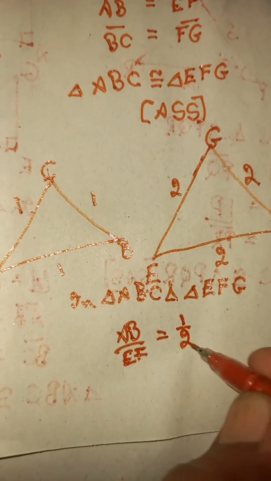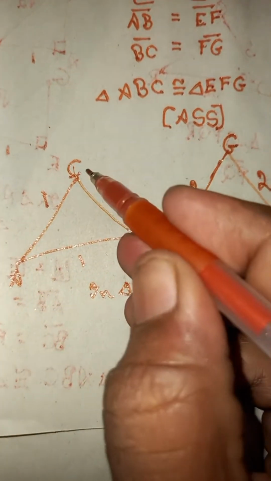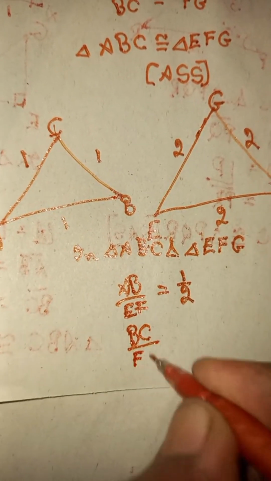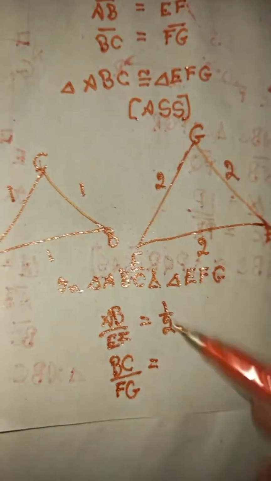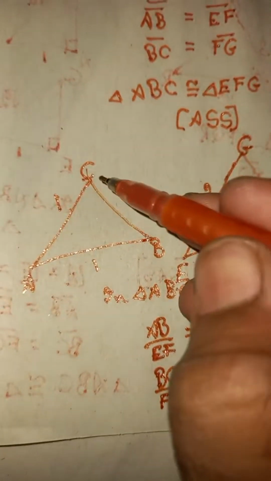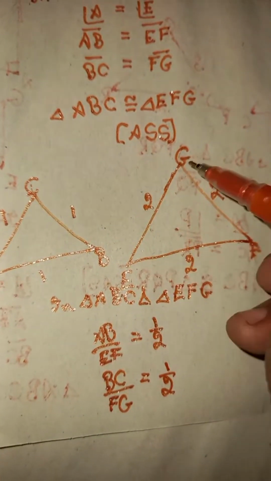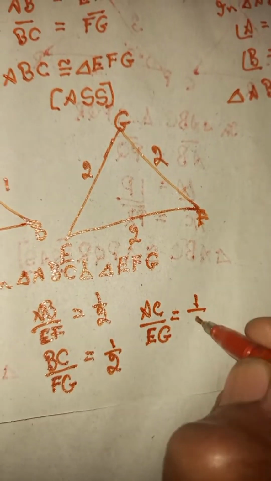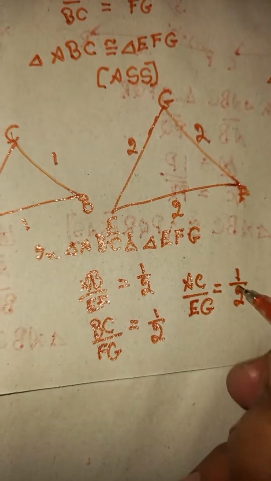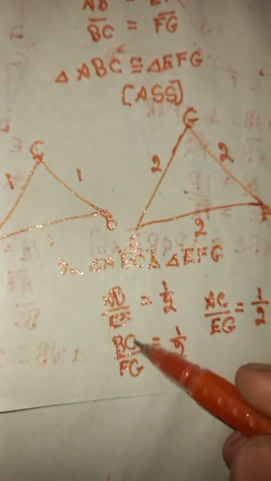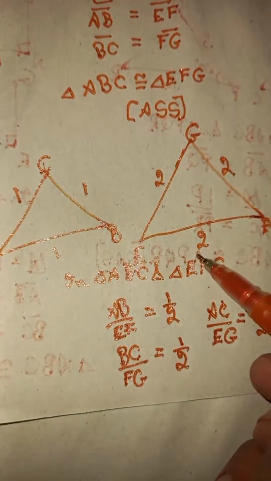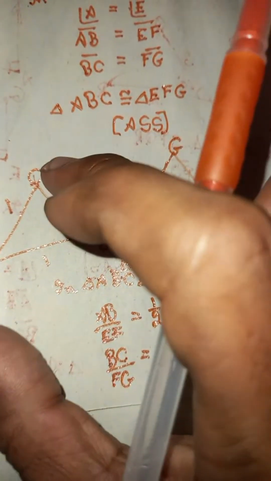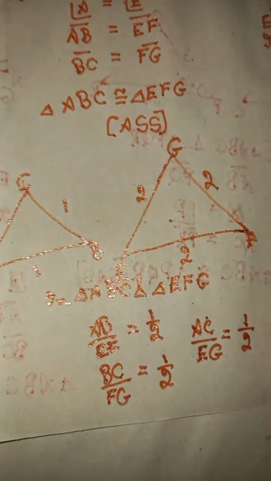BC by FG is also 1 by 2, and the other side, AC by EG, is also equal to half. When all three are equal to half, they have the exact proportion of sides. So these two triangles are similar, with the same shape, but all sides are 2 times the sides of this triangle.